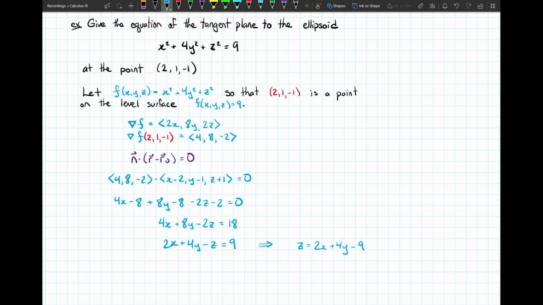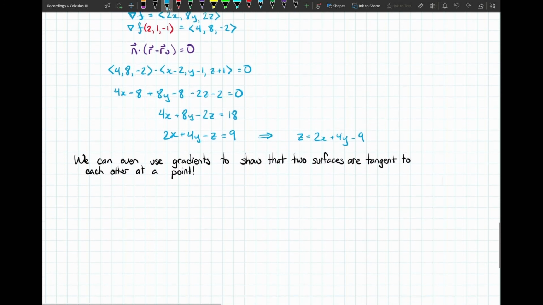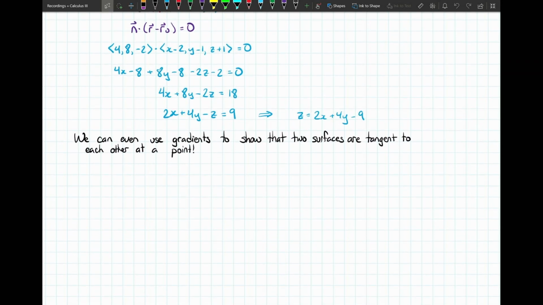One last thing that you can also do that's kind of related to this idea of the tangent plane. You can actually use gradients to show that two surfaces are tangent to each other at a point. If two surfaces are tangent to each other at a point, they would share the same tangent plane. Let's suppose that we have two surfaces in implicit form.